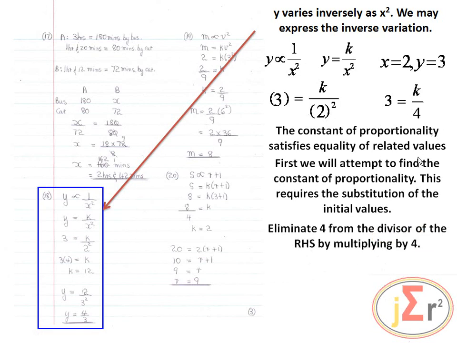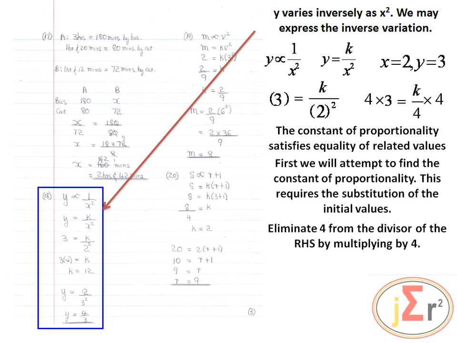Now we will find the value of the constant by eliminating 4 from the divisor of the right hand side, and that we will do by multiplication. So the constant is being divided by 4, so we will multiply by 4 in order to eliminate 4 from the denominator, and we need to do the same on the other side.